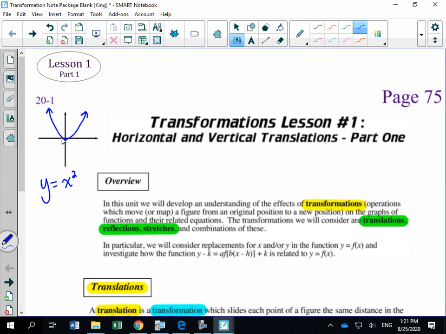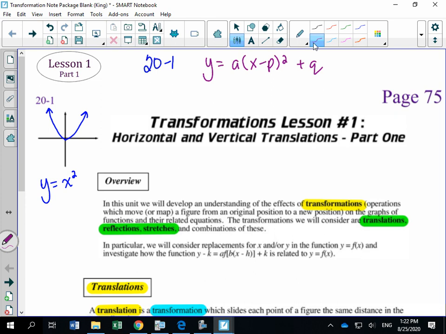So in 20-1, I want to give you the parameters that we used in that course. In 20-1, the formula was y is equal to a, open bracket, x minus p, close bracket squared, plus q.